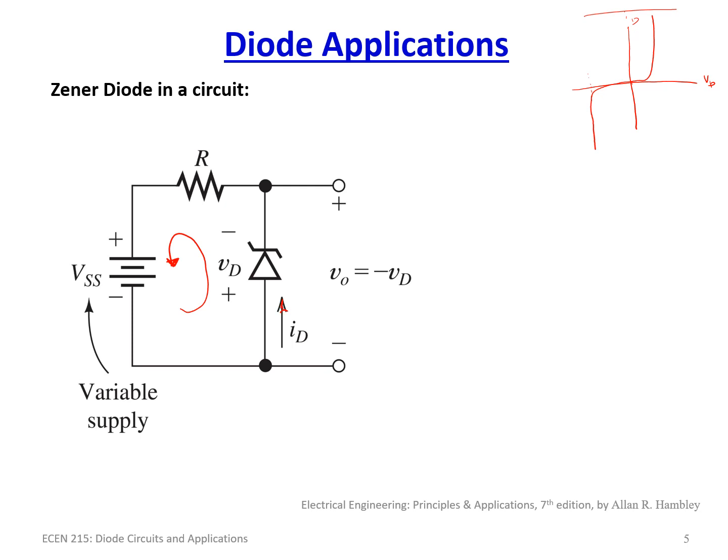So we have VD, and then the drop here, ID times R, plus VSS must be equal to 0. All of this written out looks like this. If that's the case, we can start using this information to make determinations of various things. So let's continue with using Zener diodes in circuits.